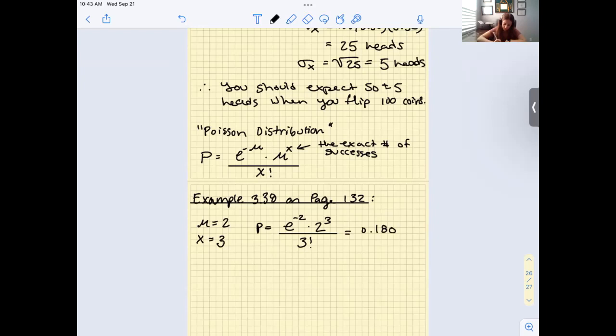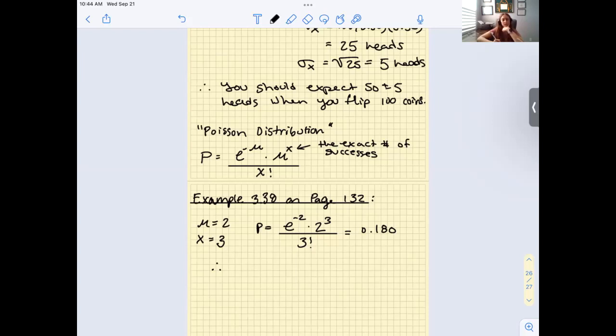0.180. What does that number mean? How can you interpret it in context of this problem? Always go back to the problem statement in the book and remind yourself, what were they asking me to do?